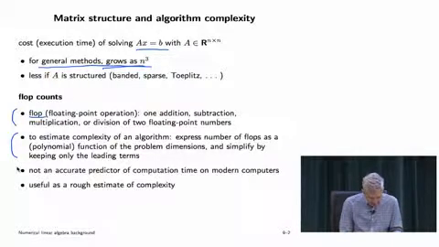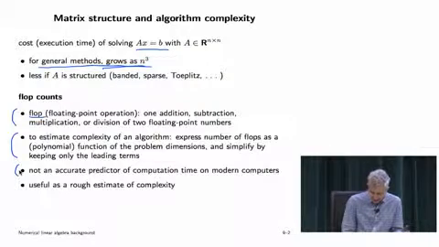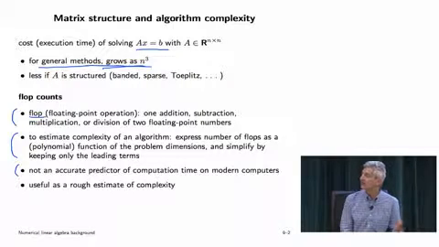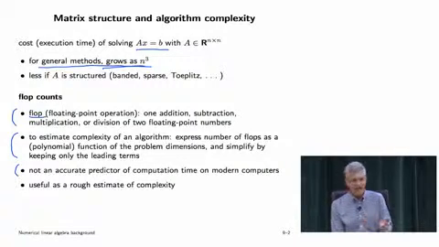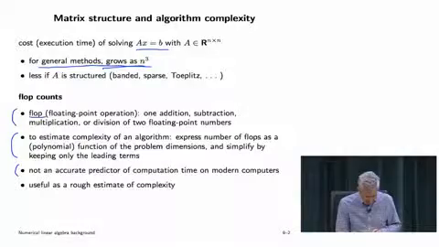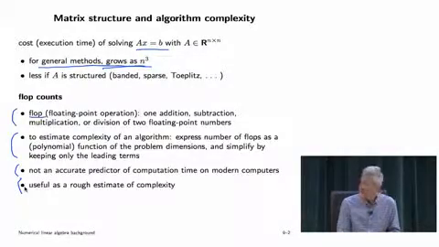Now, this is not an accurate predictor of computation time on modern computers. You can get it within a factor of 10 in the absence of certain bad things. And if things are done really well, like optimized code, it once again becomes a reasonable predictor. It's an interesting thing, but it's very useful as a rough estimate of complexity.